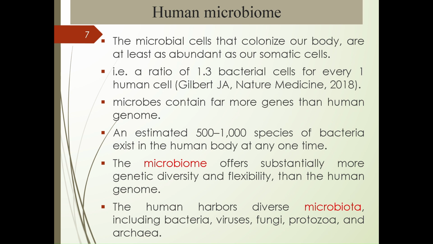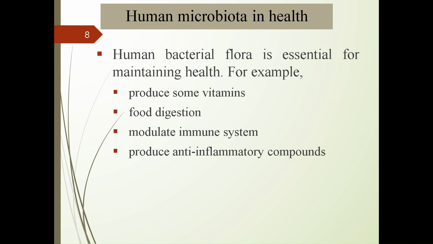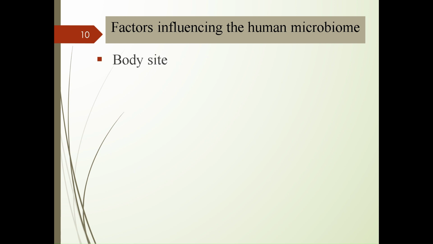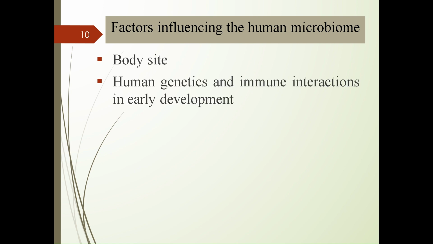Humans harbor diverse microbiota, including bacteria, viruses, fungi, protozoa, and archaea. So different classes of microorganisms are there in our body, particularly bacteria. And human bacterial flora is essential for maintaining health, as we know. There are different body sites where the human microbiome is present, including the oral cavity, the gastrointestinal tract, and other places. Many factors influence the human microbiome, for example our genetics.